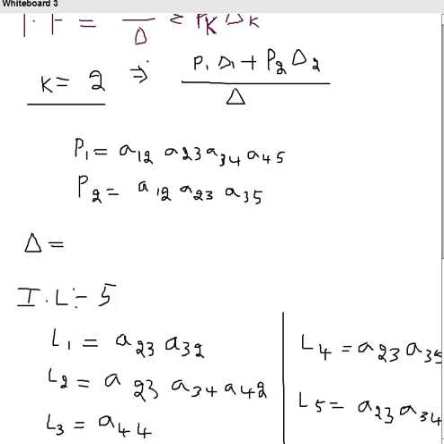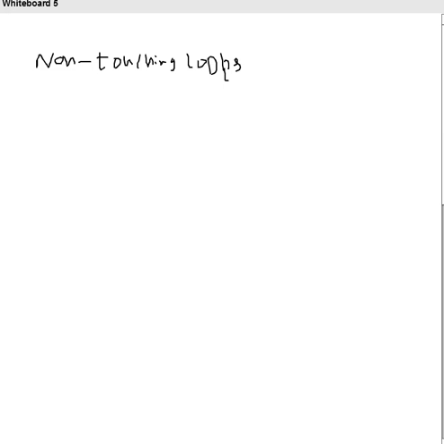I will write one more whiteboard. So non-touching loops, what is that? L1 and L3. Just I am writing as L1, L3. This is one combination.